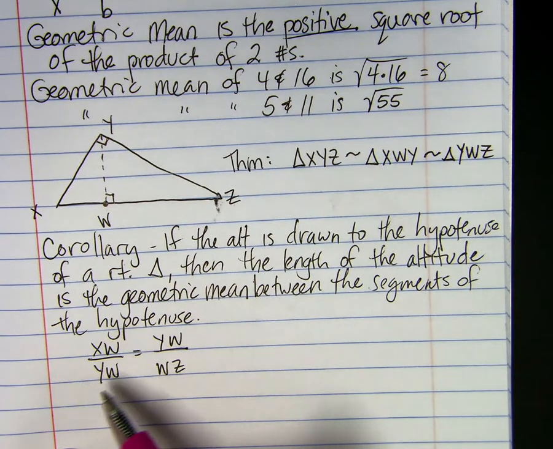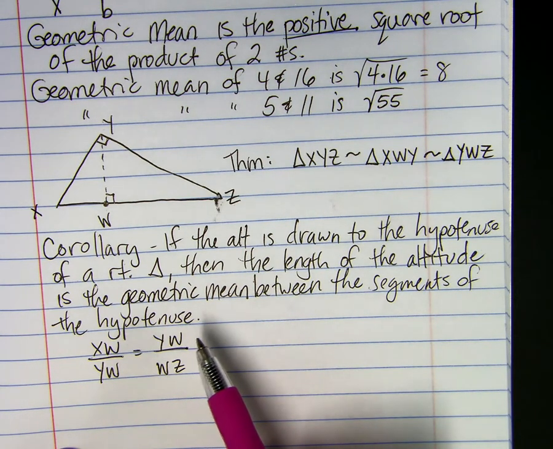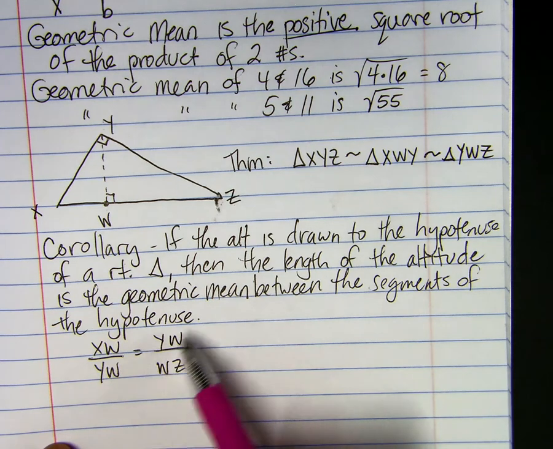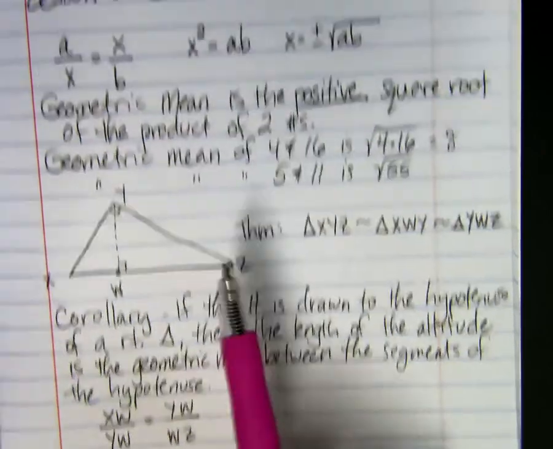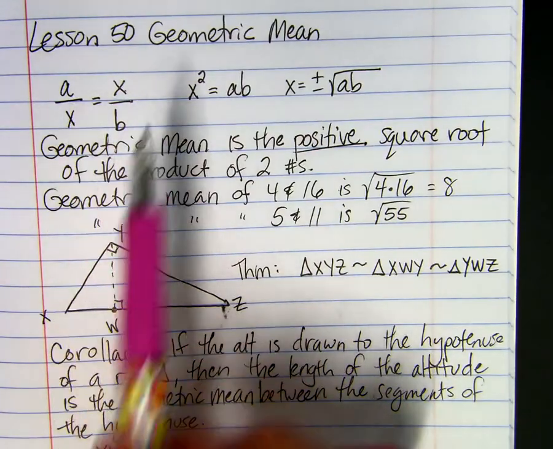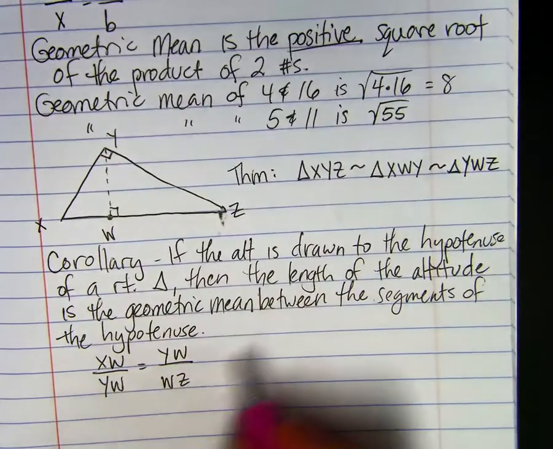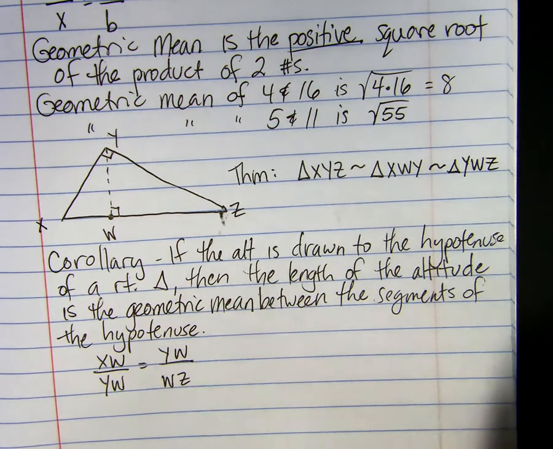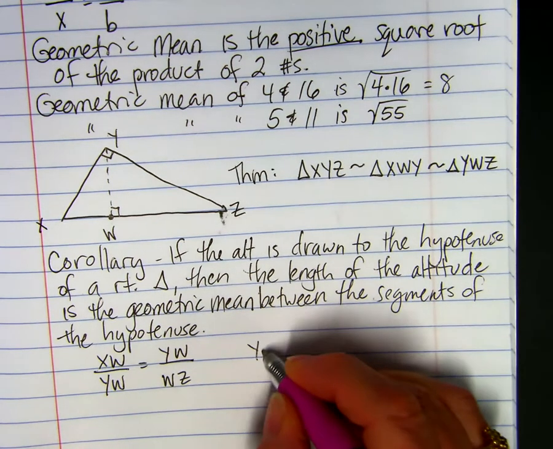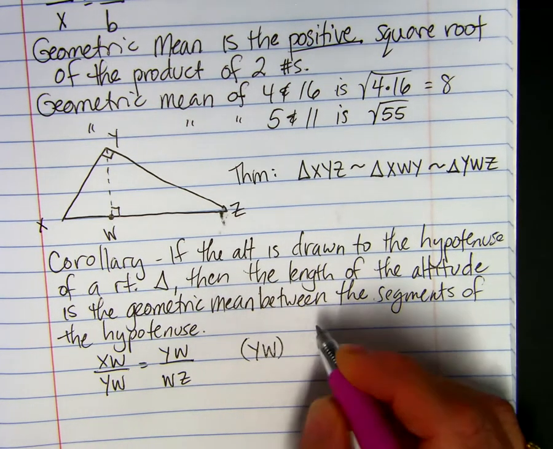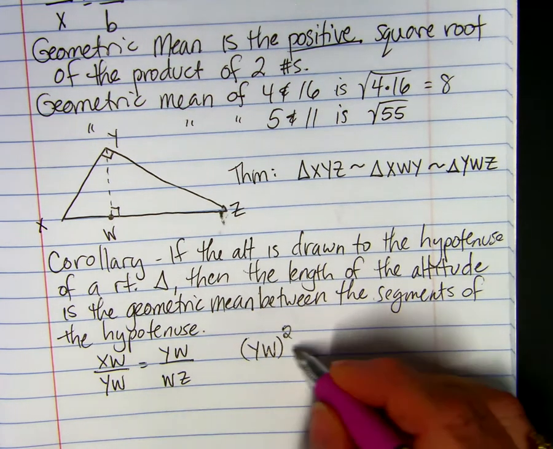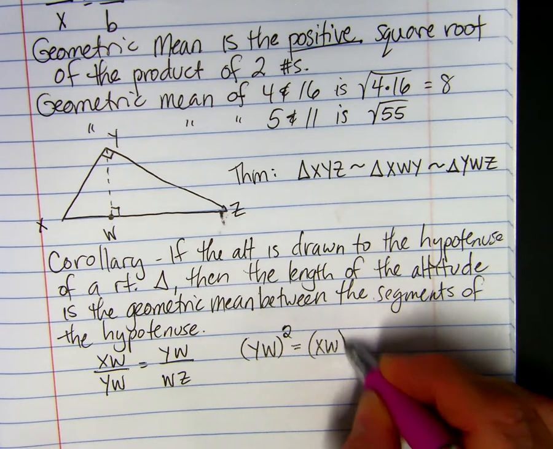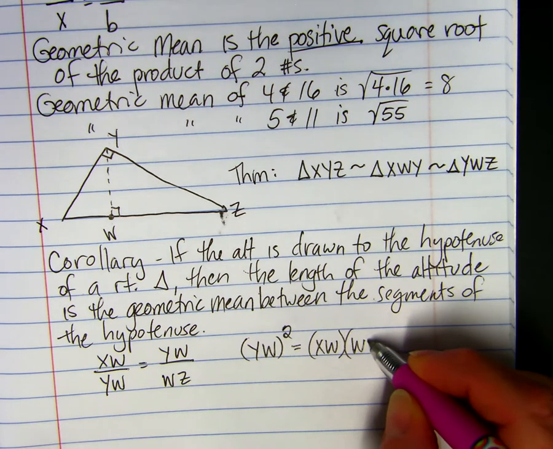Notice that these two means are the same. So we have this geometric mean type of proportion written. If you cross multiplied and did your proportion cross products, you'd have YW squared equals the length of XW times the length of WZ.